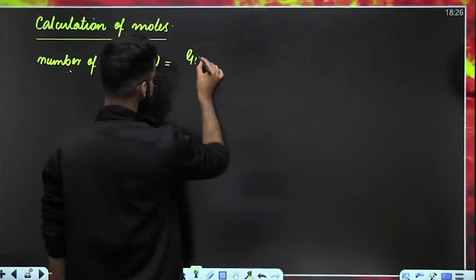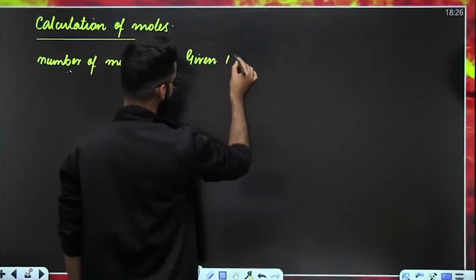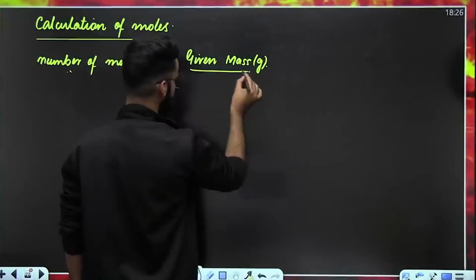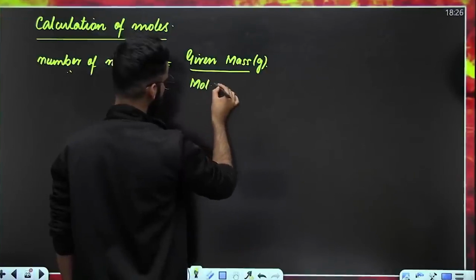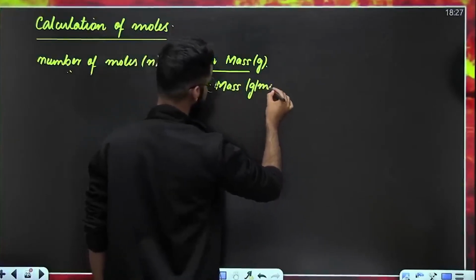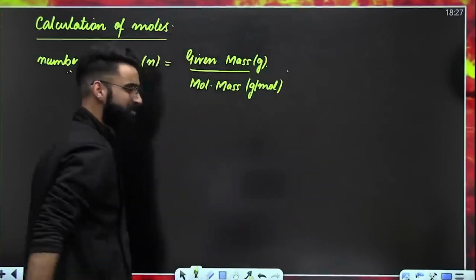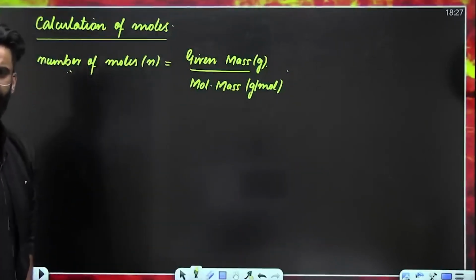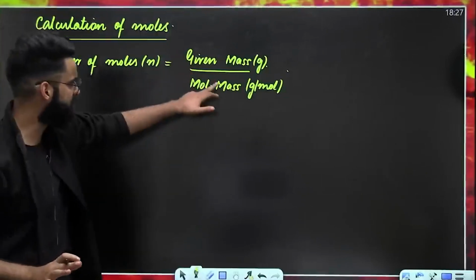The number of moles of the substance is always equal to the given mass of the substance in grams divided by the molar mass of the substance in grams per mole. This is the first expression.